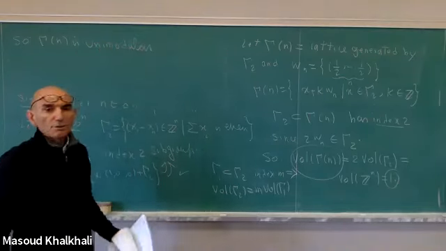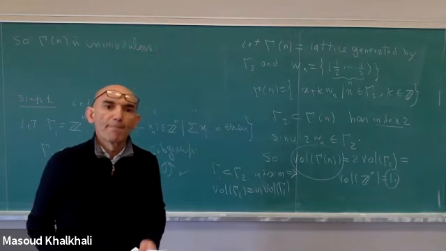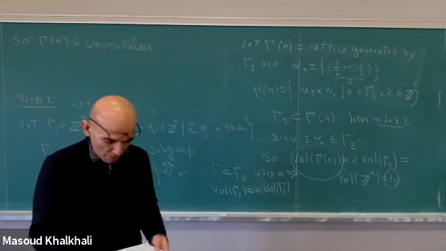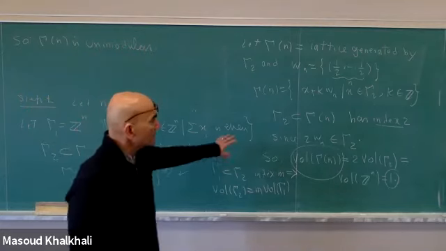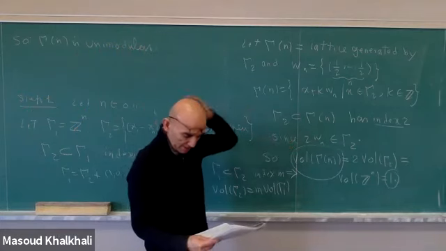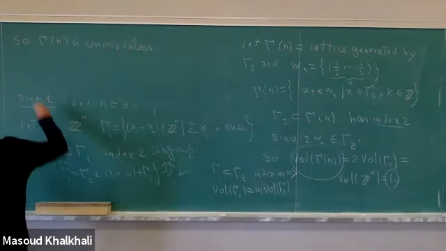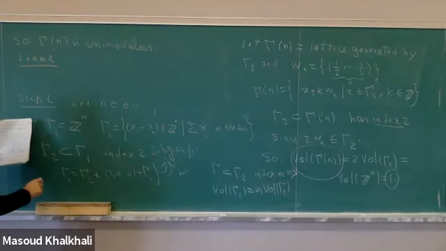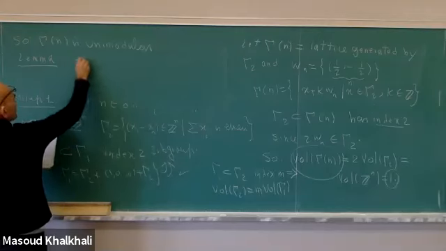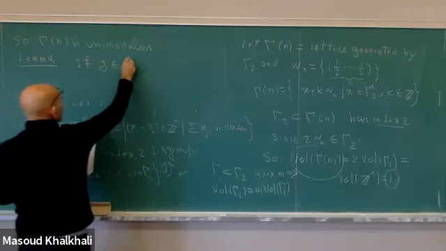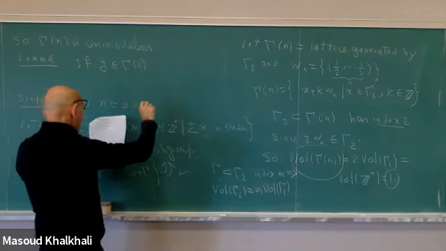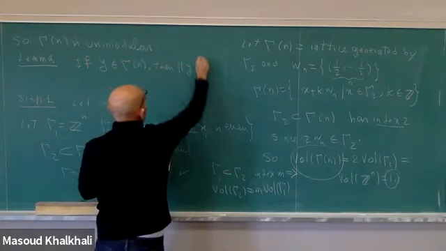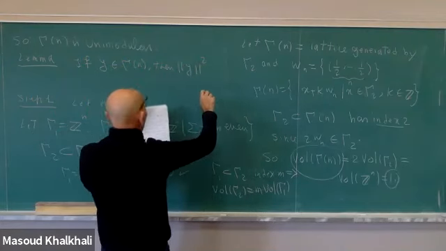Any other questions? Okay, very good. Now we want to prove some properties of the length spectrum of these lattices. One lemma is this: if y belongs to gamma n, then the norm of y squared is even.